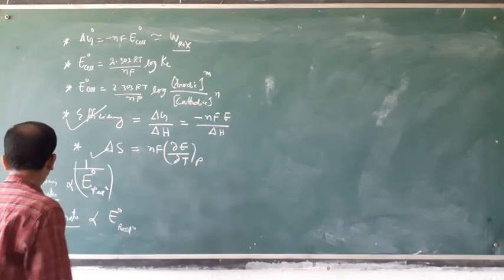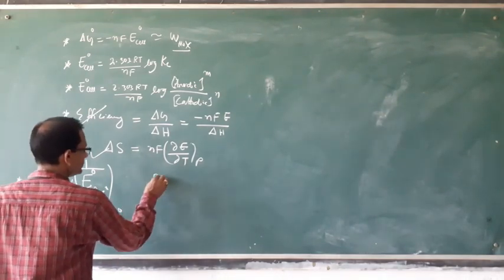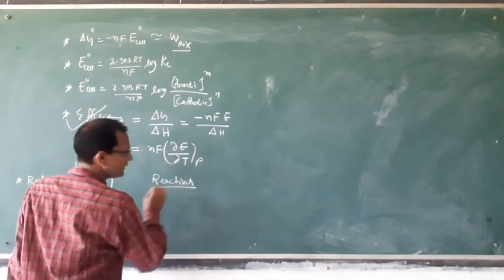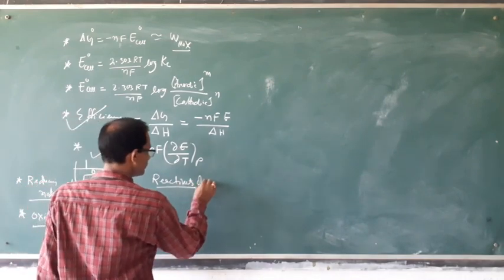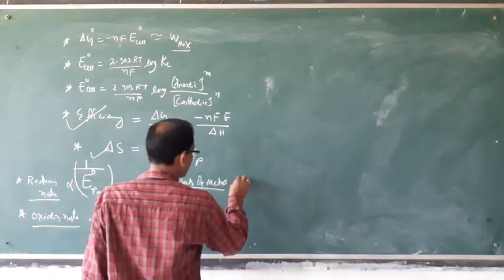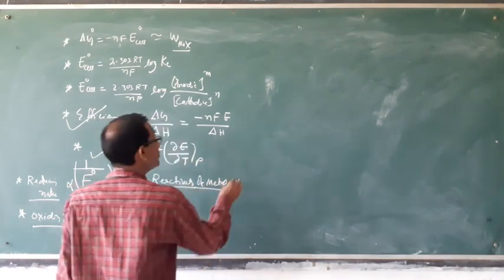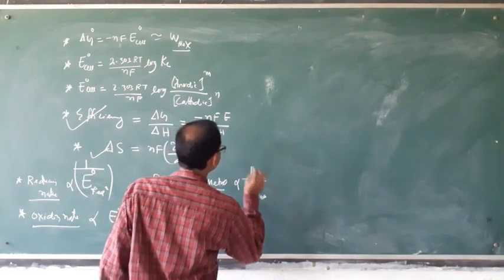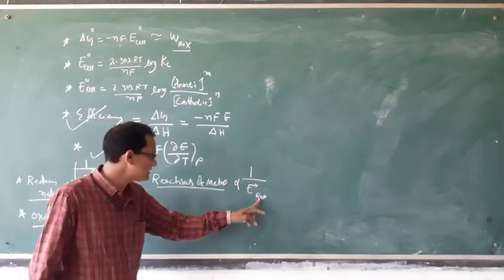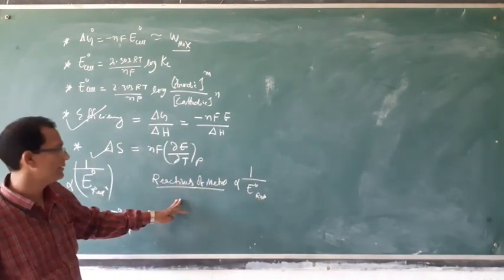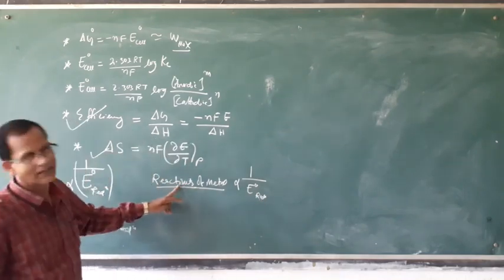Then the reactivity of a metal is also inversely proportional to the E naught value. If high reduction potential, low reactive metal. Low reduction potential, highly reactive metal.